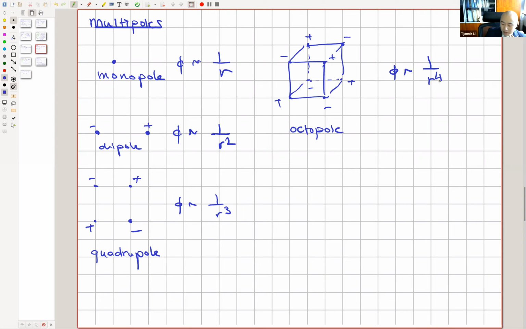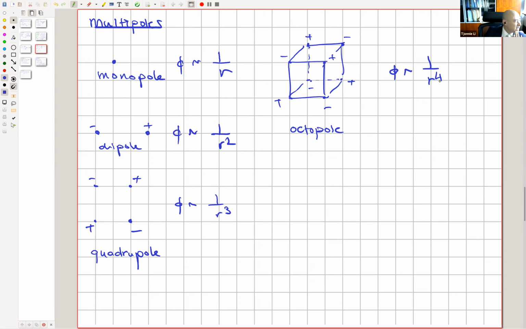How do 16 poles look like? Well, that would be 2 octopoles. I don't even know what a 16 pole thing is called. Let's see.